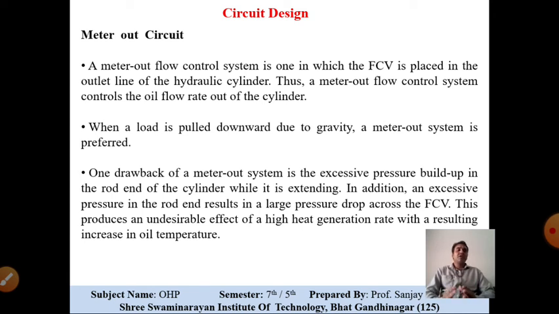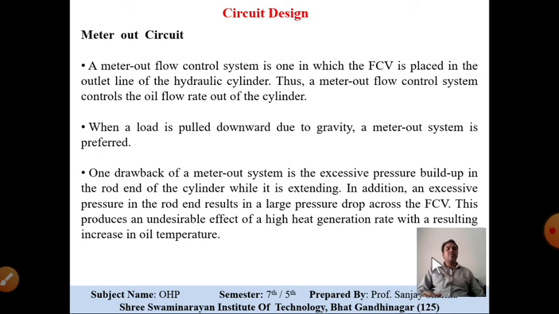So it is a basic requirement that the temperature of the oil should be maintained. Up to a certain limit only we can go for this. Otherwise excessive temperature generated in the oil degrades the quality of the hydraulic oil. So this is the only drawback which we have found in the meter out circuit, which we have to keep in mind.